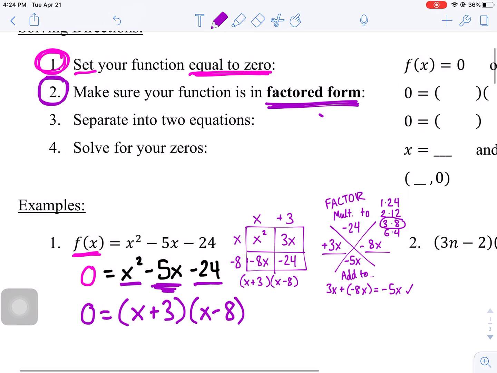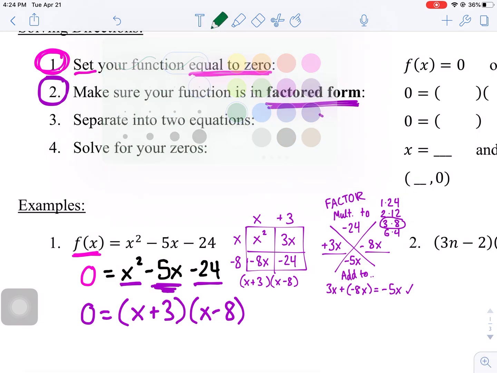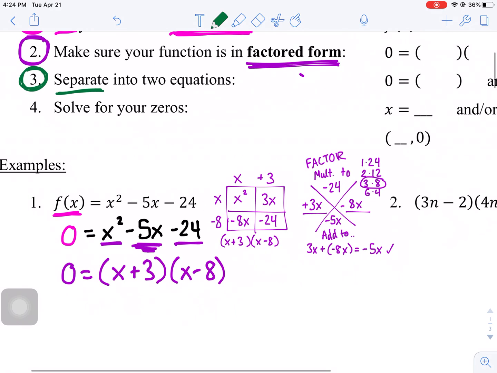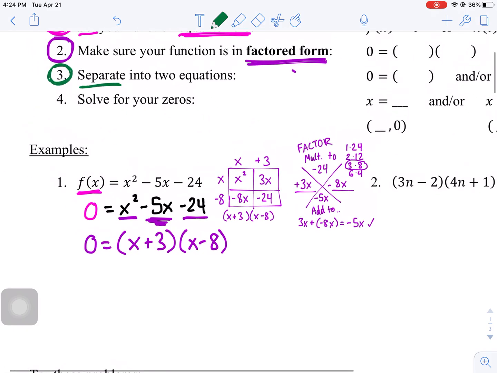All right. Step 3 says separate into two equations. So I'm going to do two equations. I'm going to say x plus 3 equals 0.